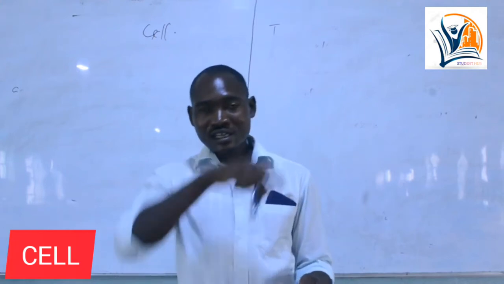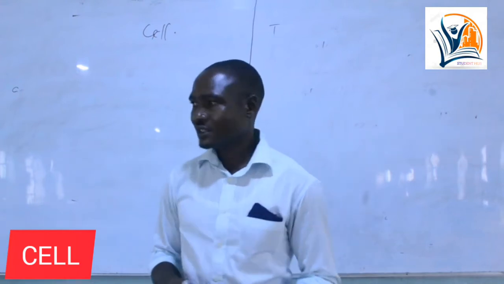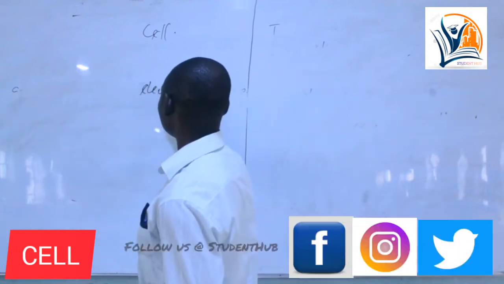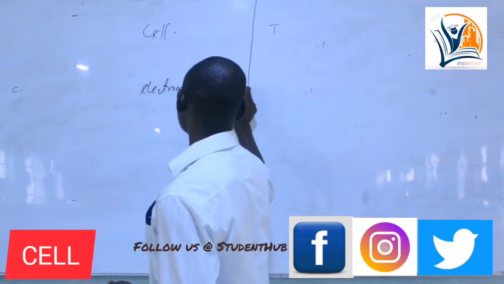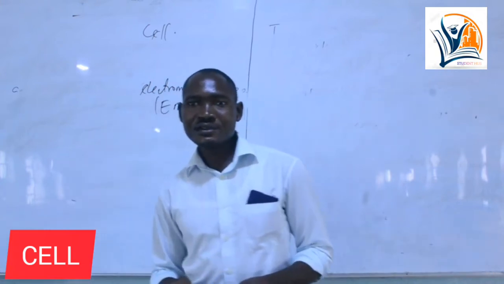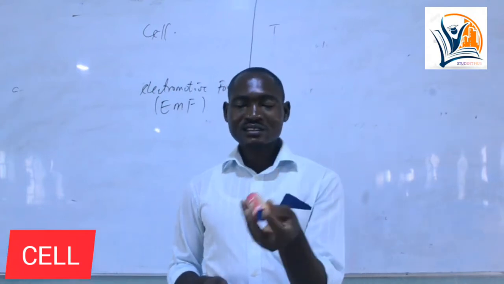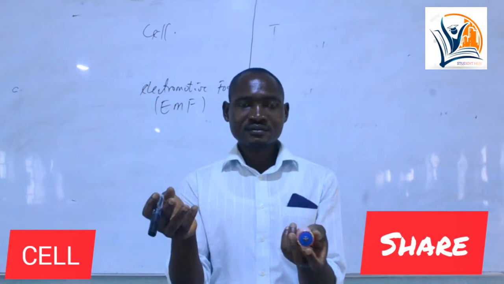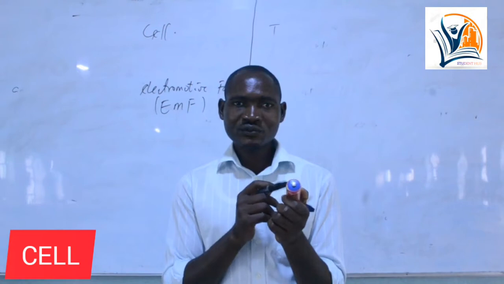Is that okay? Then we now look at what we call electromotive force, EMF. So when you look at this battery, before you connect this battery to anything, what the battery has is what we call electromotive force.